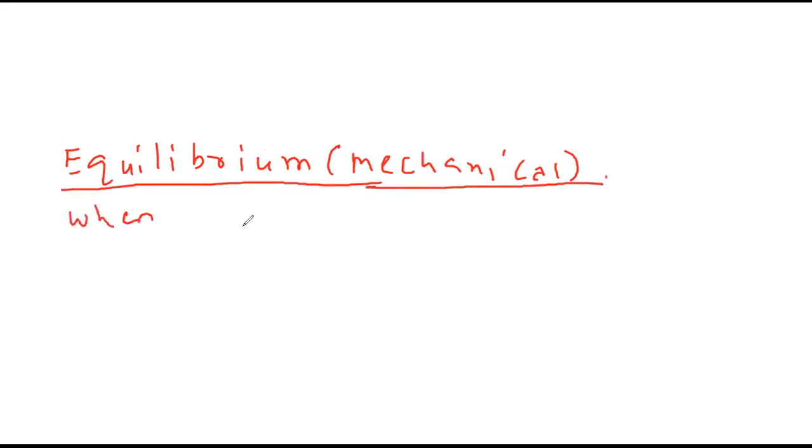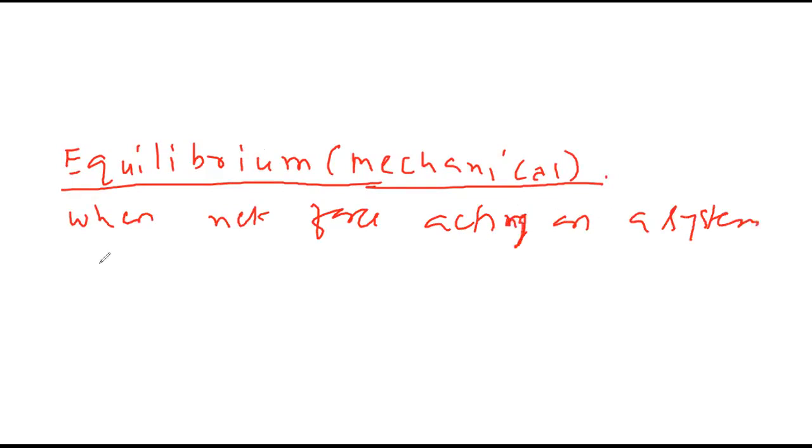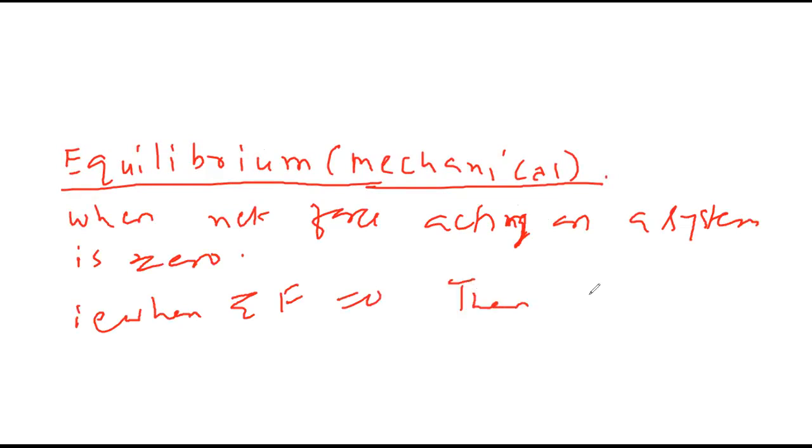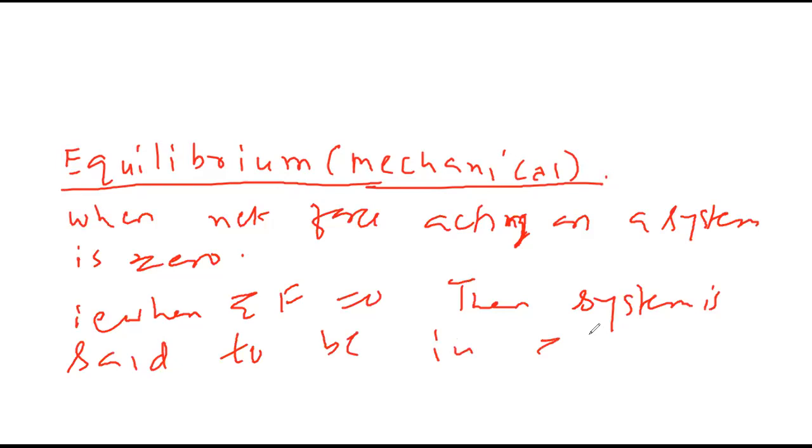When the net force acting on a system is zero, that is when the summation of force is zero, then the system is said to be in equilibrium.